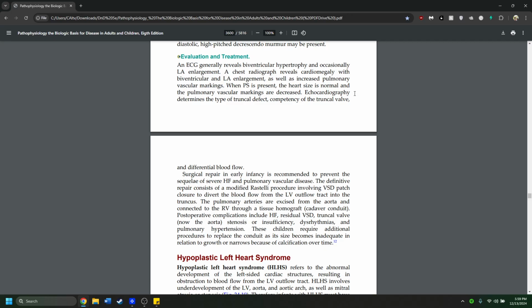Post-op complications, however, include heart failure, residual VSD, truncal valve, now the aorta, stenosis or insufficiency, dysrhythmias, and pulmonary hypertension. These children require additional procedures to replace the conduit as its size becomes inadequate in relation to growth, or narrows because of calcification over time.